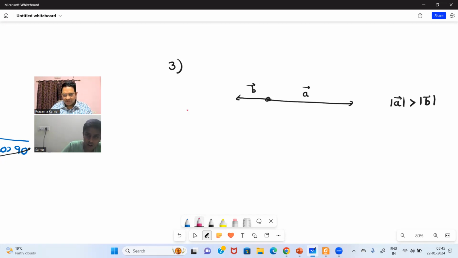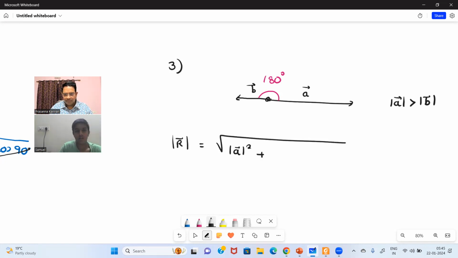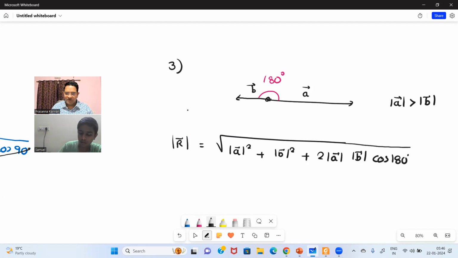The moment they are in the opposite direction, we understand the angle is what? 180 degrees. So what happens to your resultant formula? Substitute 180 in the equation. Exactly. So what do you get? So we get modulus of a squared plus modulus of b squared minus 2ab. Yes, minus 2ab. Good. Because cos 180 is minus 1.